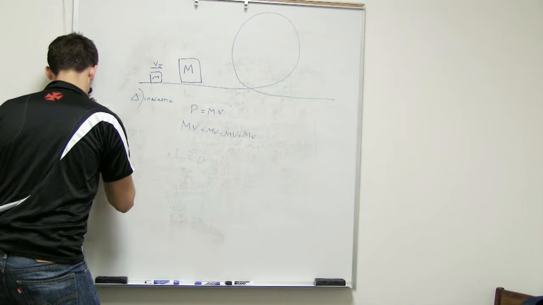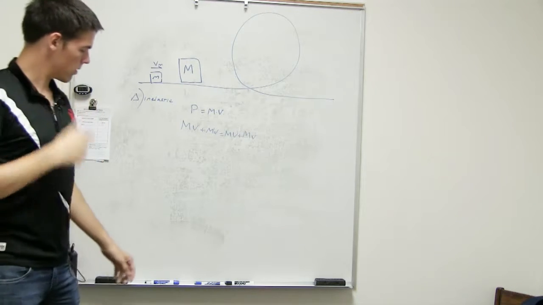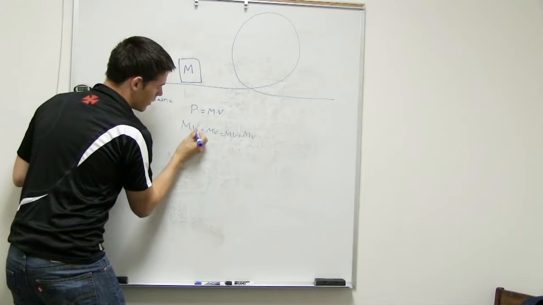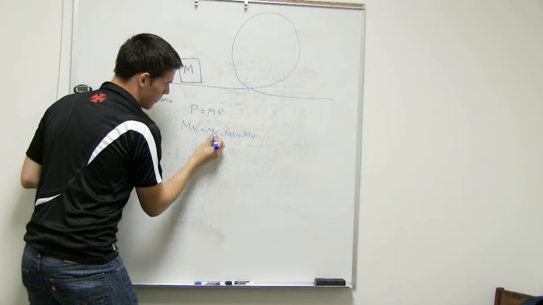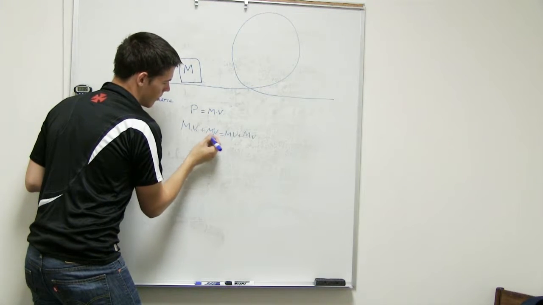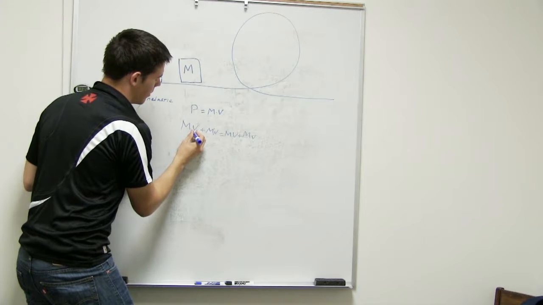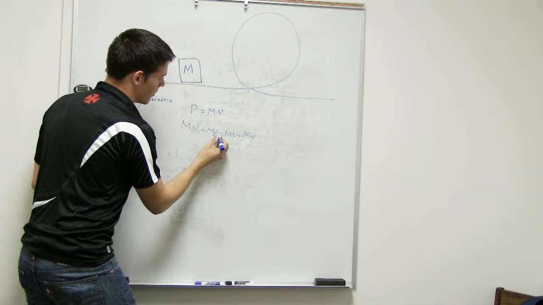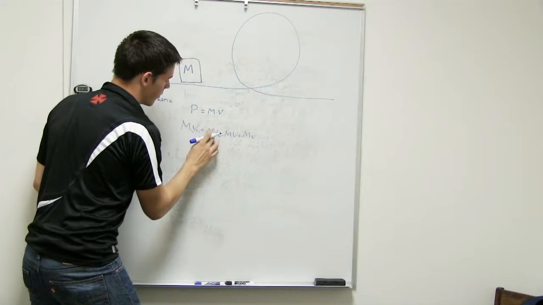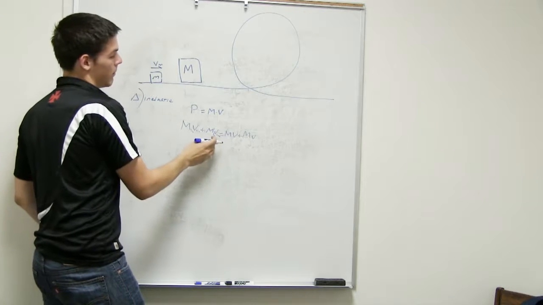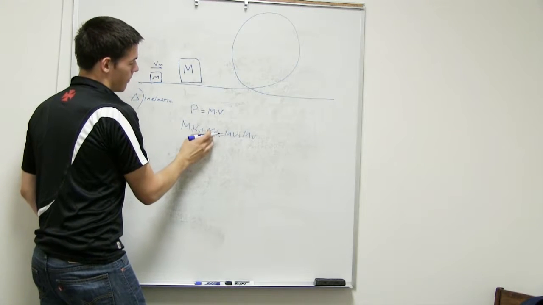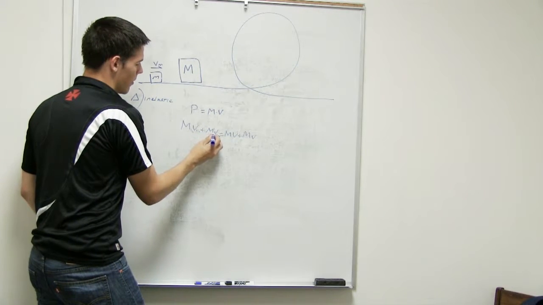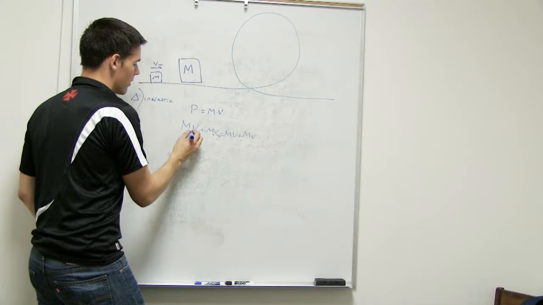So it's m1v1 plus m2v2 equals m1v1 plus m2v2. Well, I guess it's m1, baby m, times v1, and m2, big M, times v2. So this is the initial. Just the mass of the big M and the mass of the small m, because the masses are going to stay the same throughout.